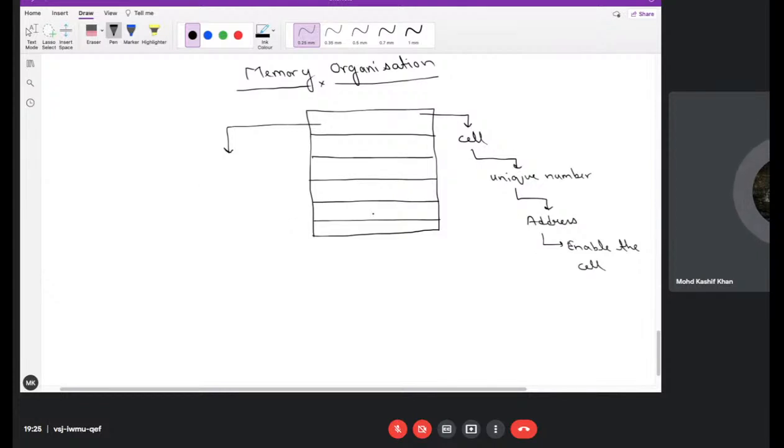And whether we have to read or write is explained with the help of control signals. The control signals will tell whether we have to read or write, or what we have to do.